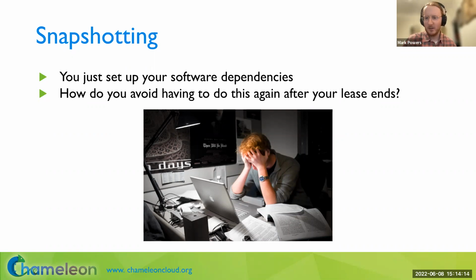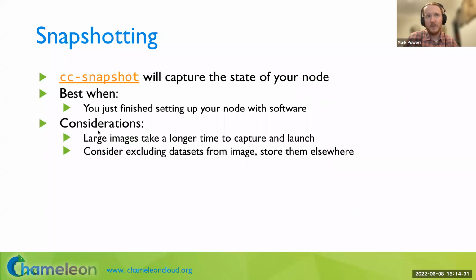And another thing is how do you deal with all of your data on your node, which might be part of it? How do you deal with that once your lease is over too? So the answer to this first question, how do you avoid setting up all your software again, is with snapshotting. So we provide this tool, CC Snapshot, and this is in our documentation.